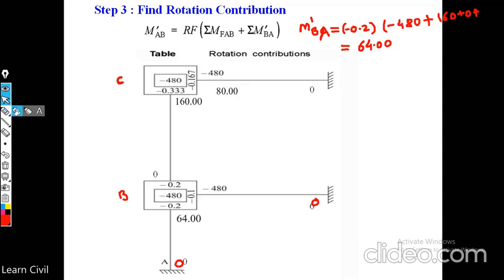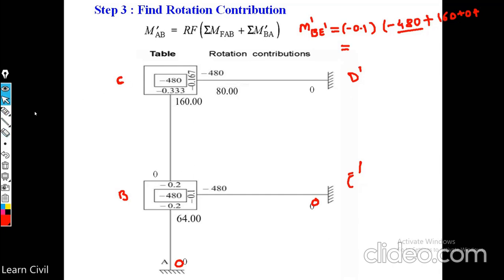Okay. Next, for member BE dash, the rotation contribution, that is M dash BE dash, is equal to rotation factor for BE dash, that is minus 0.1 into minus 480 plus 160 plus 0 plus again 0.